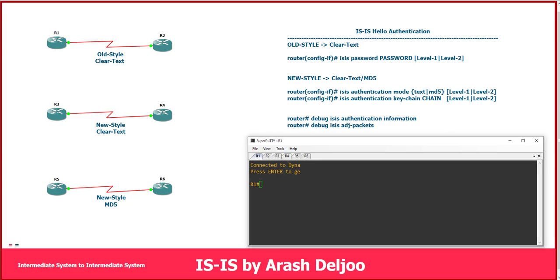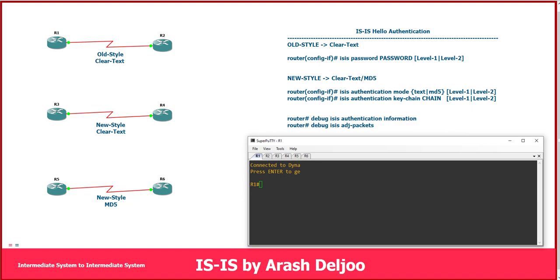ISIS adjacency or ISIS neighborship. In previous videos, we learned about the ISIS adjacency conditions, some of the ISIS neighborship rules. For example, we learned how we can configure the router types, and establish neighborship by configuring the same area ID or different area ID.